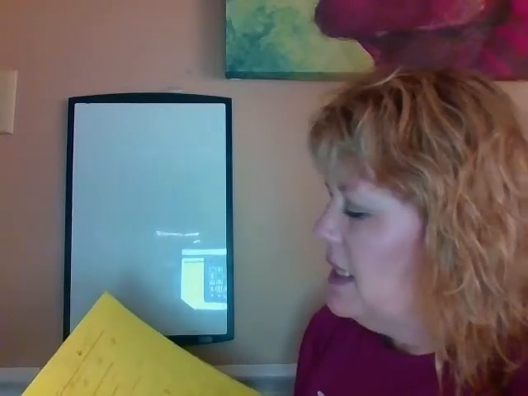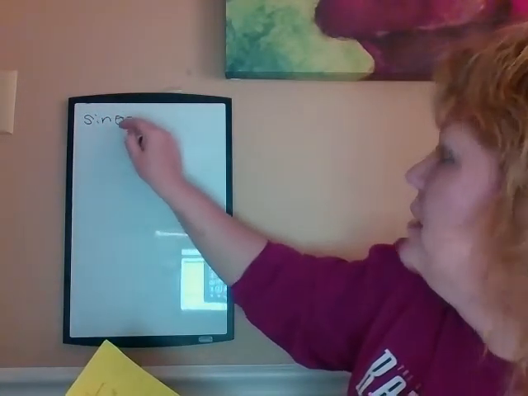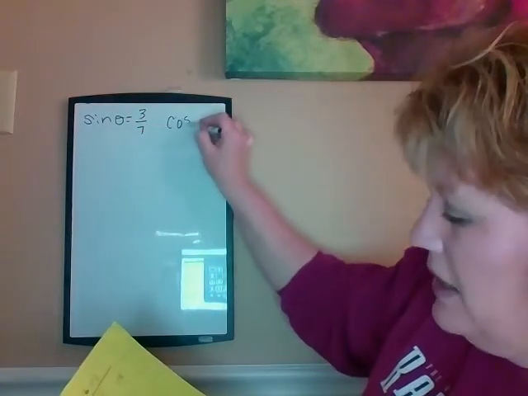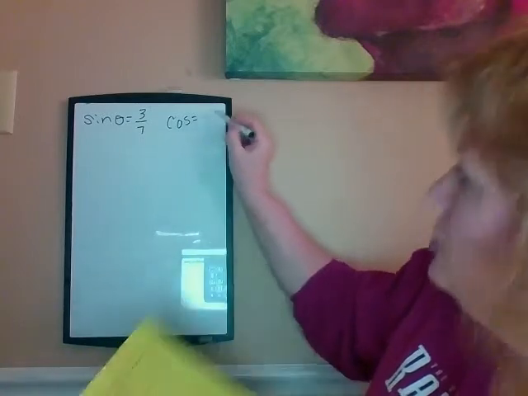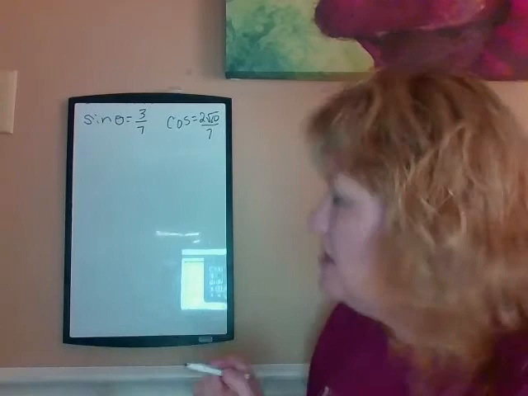Number 13 tells you that the sine of theta is 3 over 7, and that the cosine is 2 square roots of 10 over 7. Now this is what that tells me.